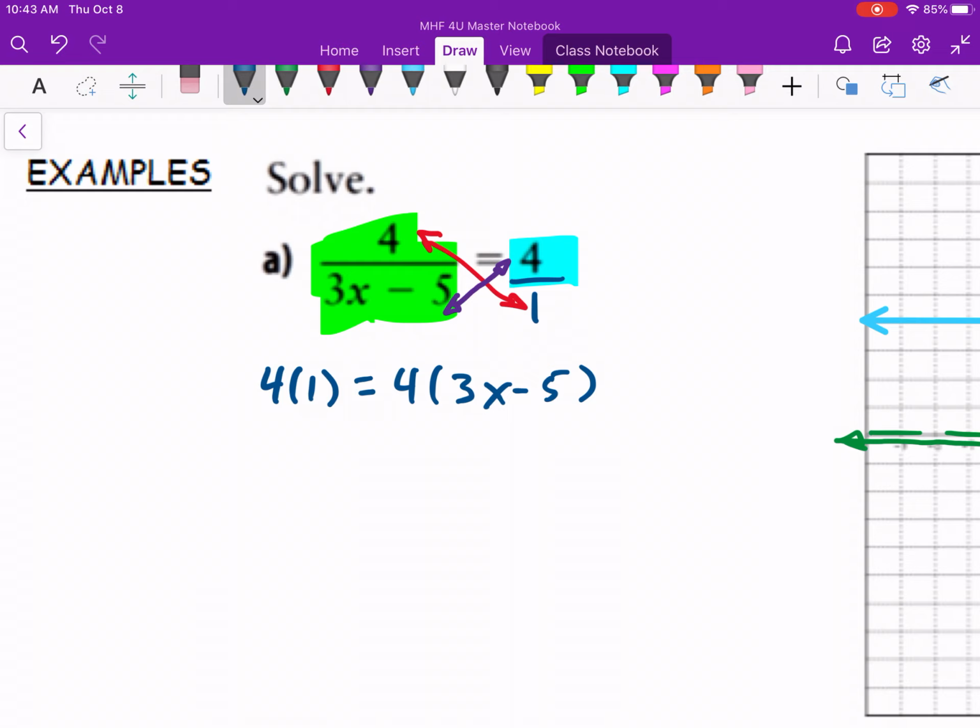But when I do that, it makes it not a fraction anymore. It's just a polynomial that's a lot easier to work with. So then I can just carry out the simplifying. I get 4, and then of course when I use the distributive law, I'm going to get 12x minus 20, and then I can carry on to solve this.